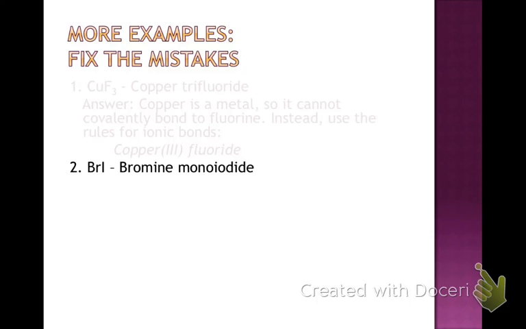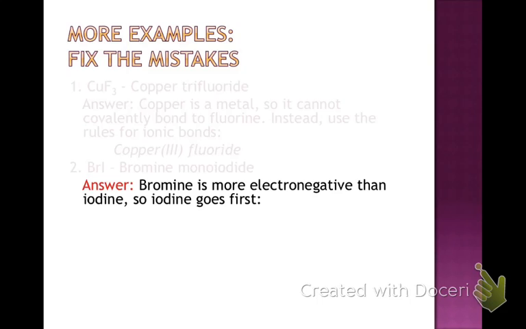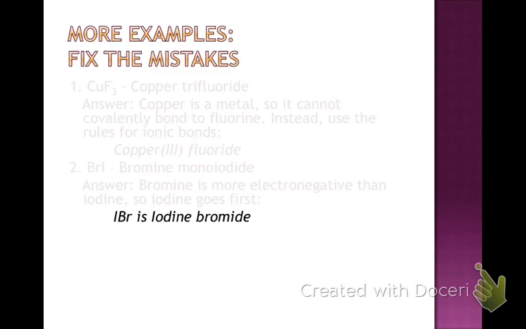The second example is BrI, bromine monoiodide. This one's a little tricky, so go back to your notes. Bromine is actually more electronegative than iodine, so iodine itself goes first. Remember, the least electronegative element goes first. So the formula should have been IBr, and that's iodine bromide.